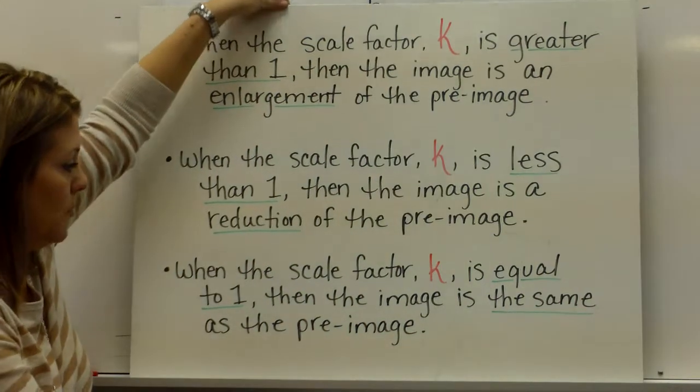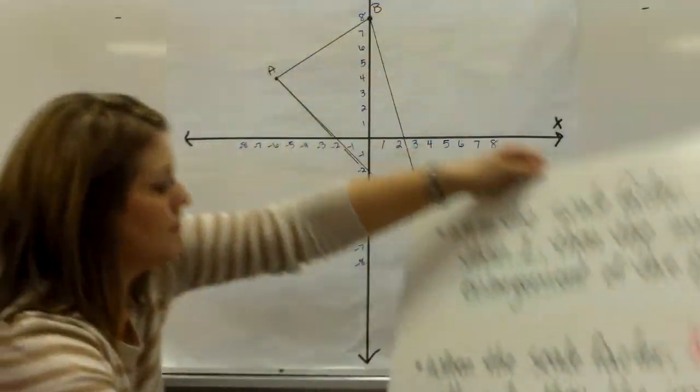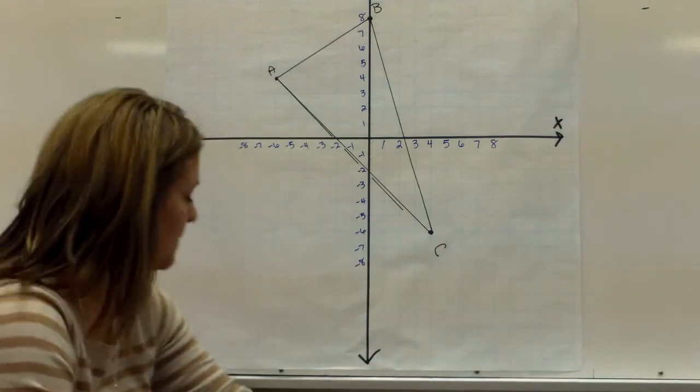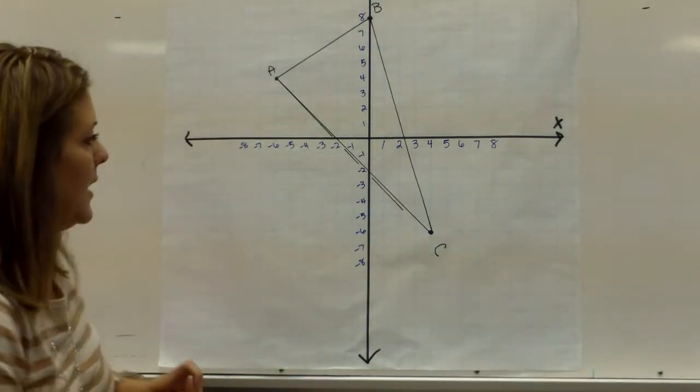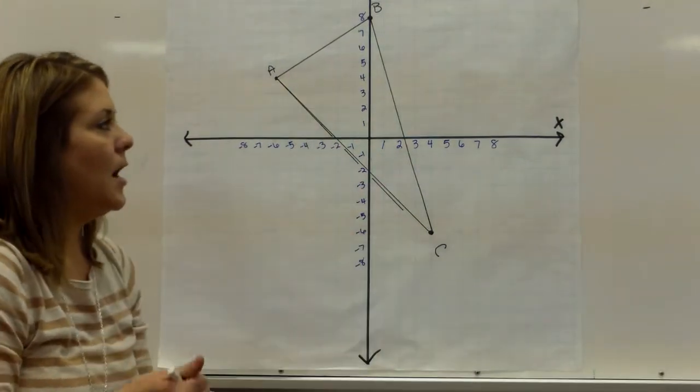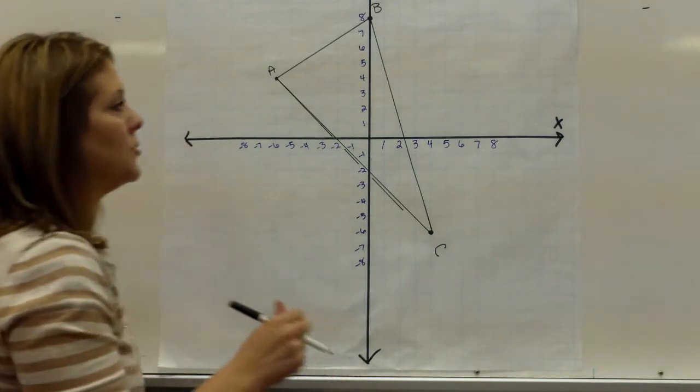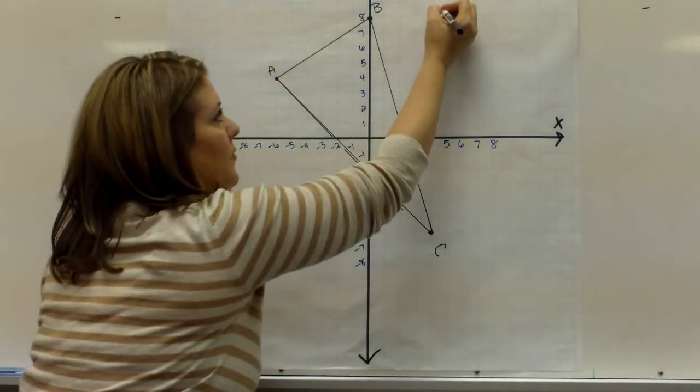Let's look at an example. We have triangle ABC, and we're going to dilate this by a scale factor of 1/2.